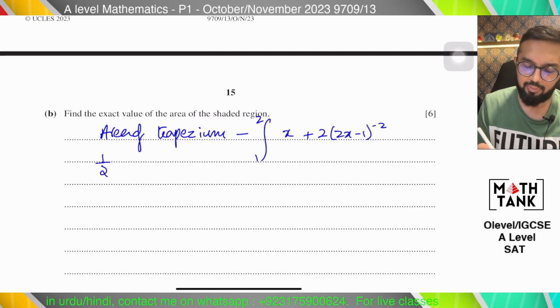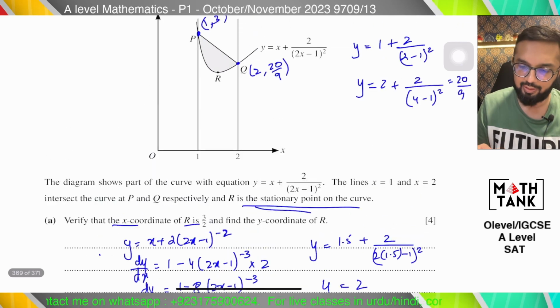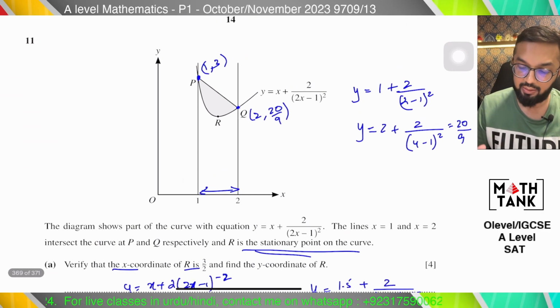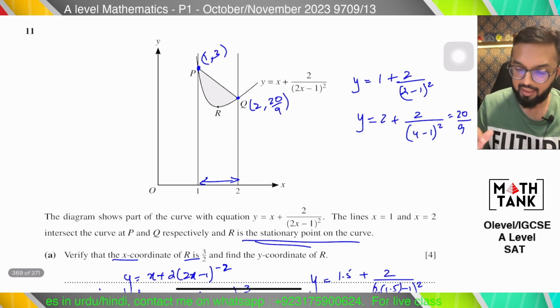What's the area of the trapezium? It's half into height. So this is going to be my height. It's this distance, so 2 minus 1. Okay, the height is 2 minus 1, and the parallel sides are different.